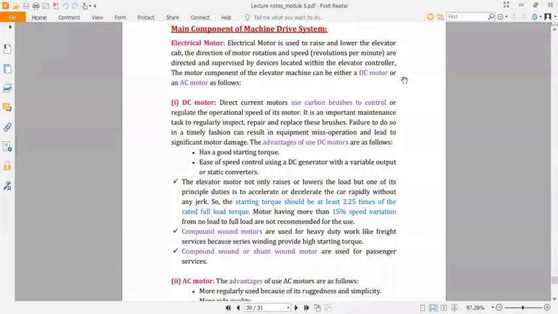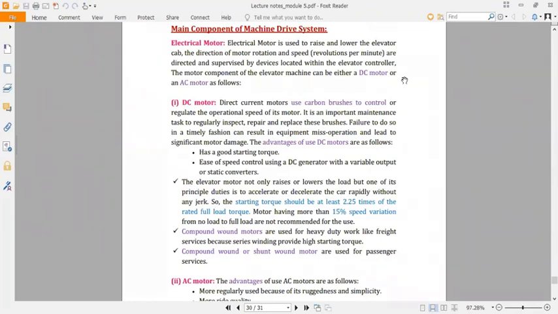This elevator is not only used for carrying passengers. It may be used in a factory for carrying certain bases also. Sometimes we require high starting torque, and sometimes we require less starting torque.